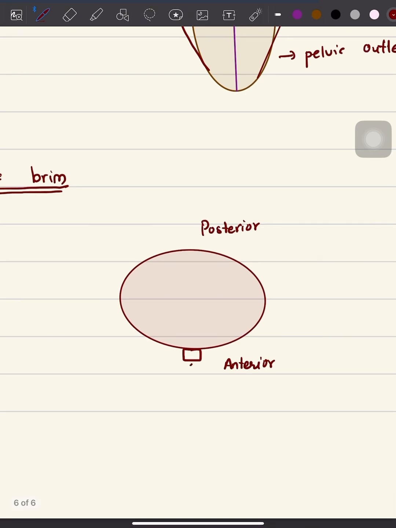The first point would be the pubic symphysis. The other landmark would be the pubic crest. A crest is the depressed portion, right? And then there would be the pubic tubercle. It's like an elevation.